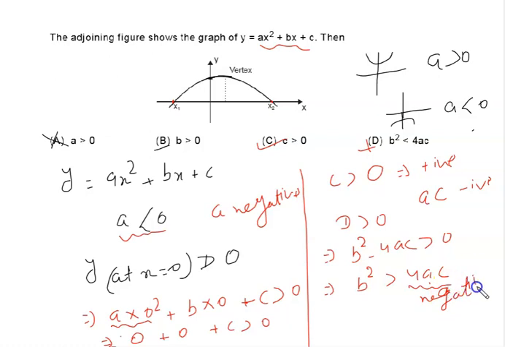But according to this observation we can't say what the sign of b is. b is greater than 0 or less than 0, we can't say, right?